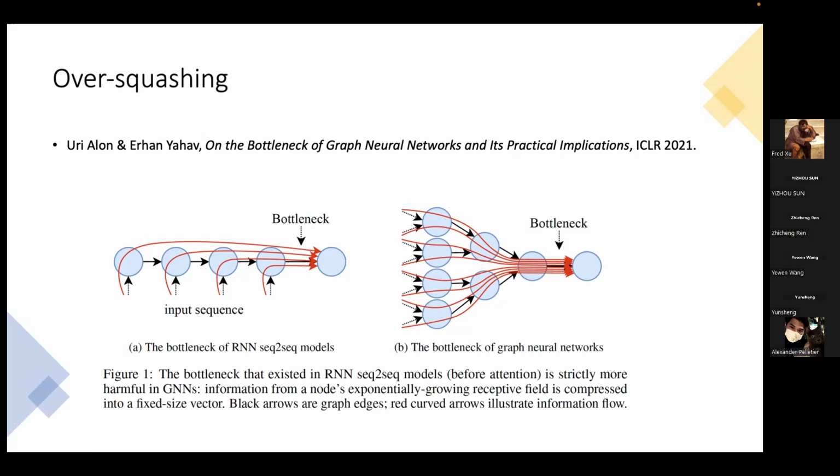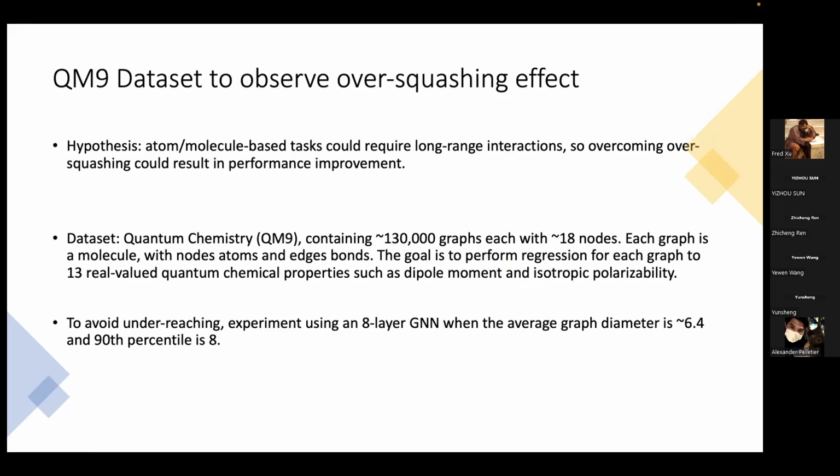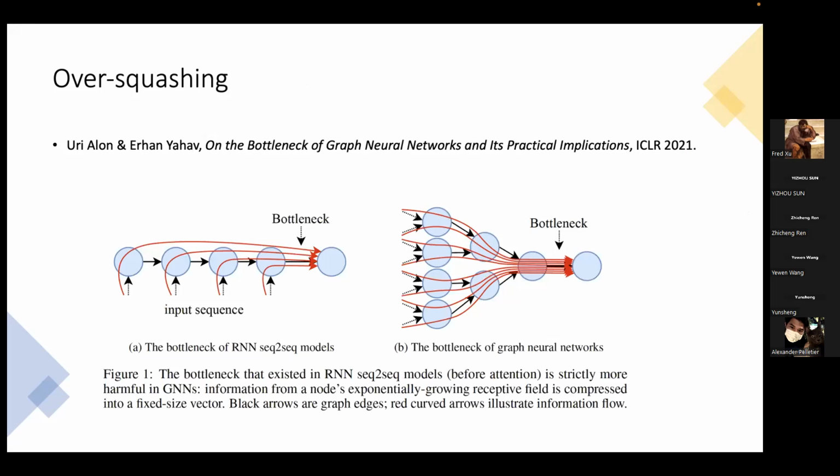So they try to study this phenomenon using the QM9 dataset, which is a quantum chemistry dataset, because the hypothesis is that datasets concerning biology or chemistry often rely on long-range interactions. So if you have this kind of bottleneck structure inside, then the long-range interaction could be hampered by these bottleneck nodes.